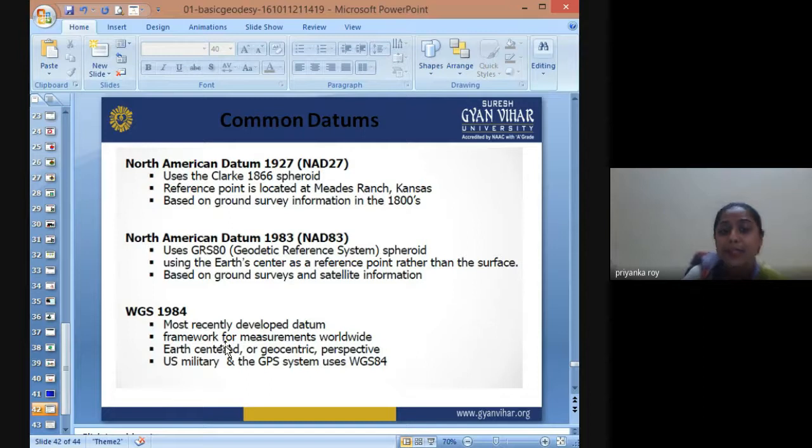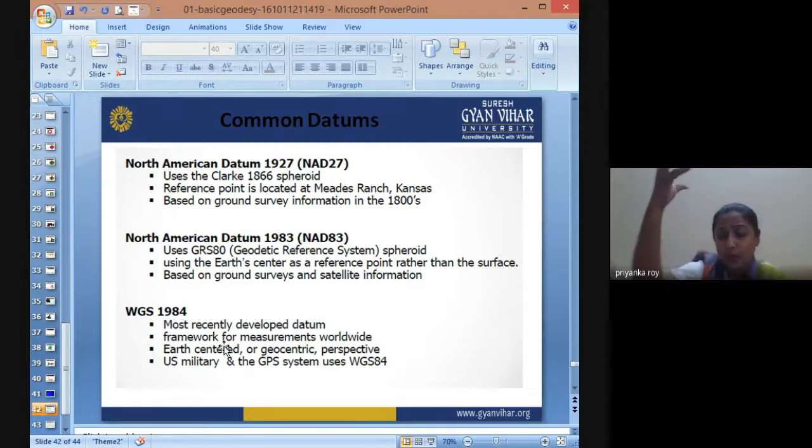But during this period, many space-oriented efforts were made. Among that, WGS 84 was one of the key achievements of the US military operations to reach space, and also to launch satellites into space, so that they have this positioning.